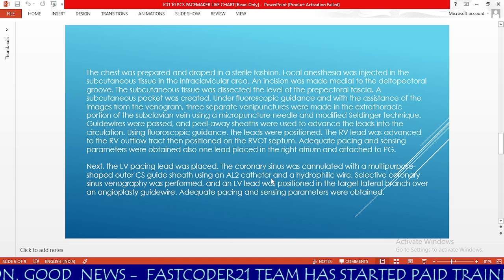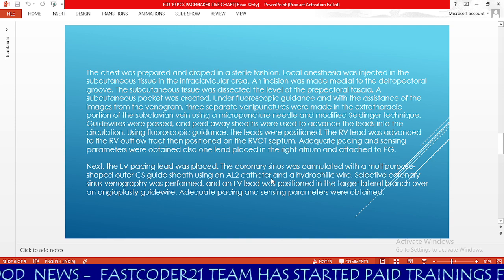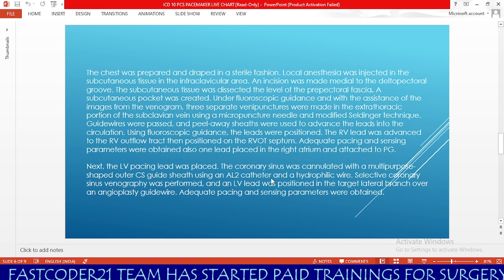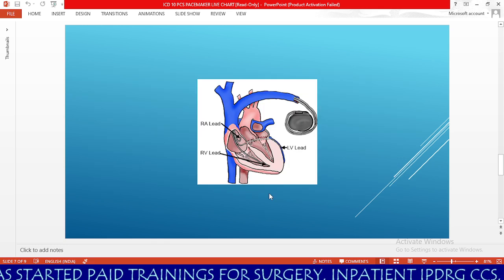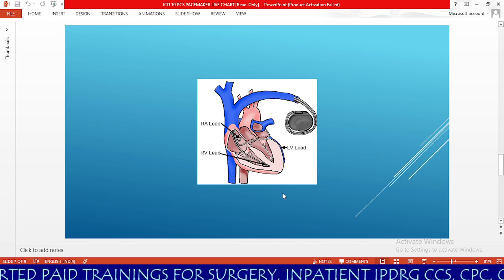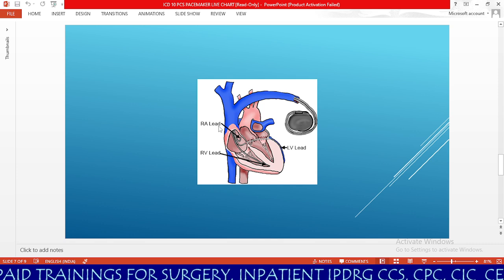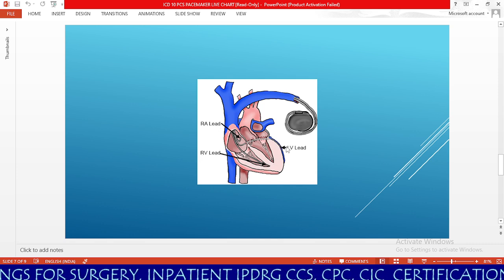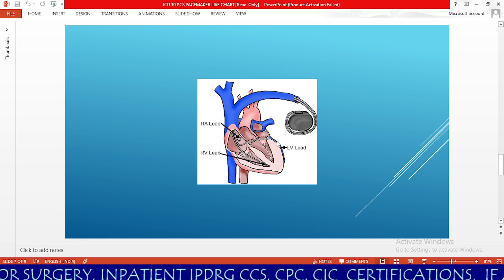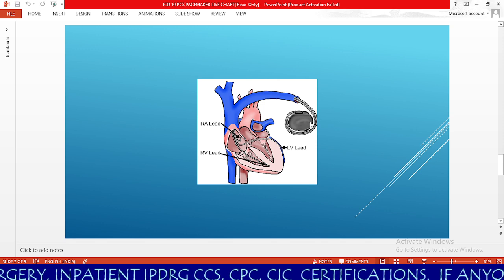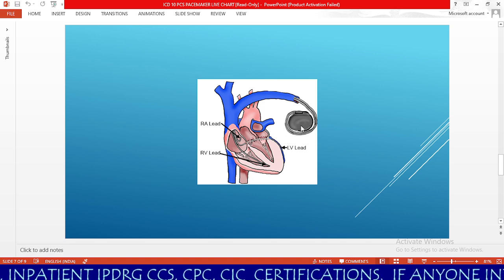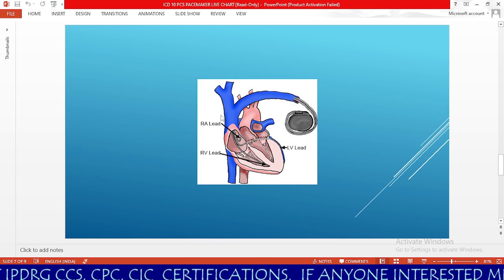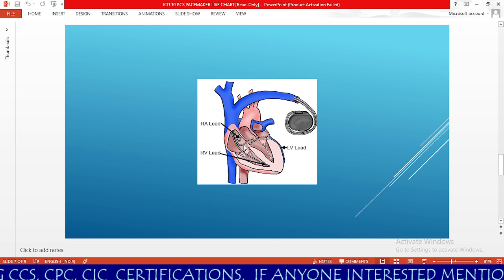So here the third lead, the physician did not pace in the left ventricle itself; he placed it in the coronary sinus area. This is the lead placement in the biventricular pacemaker: this is the right atrial lead, this is the right ventricular lead, and this is the left ventricular lead. It is a biventricular pacemaker. The pacemaker consists of these leads, and these leads will be placed in the heart chambers.